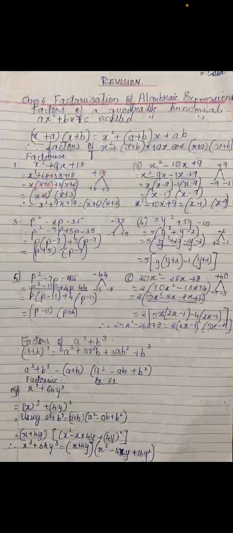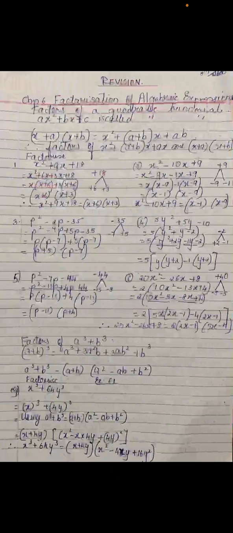So, p square minus 7p plus 5p minus 35. So, p in the bracket p minus 7, plus 5 in the bracket p minus 7. That is equal to p plus 5 into p minus 7. Okay, these two are the factors.